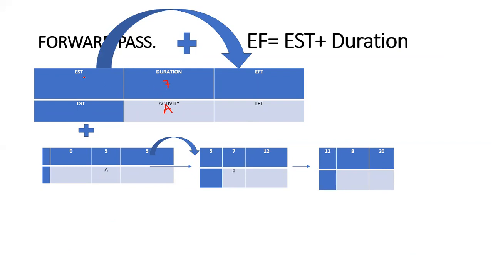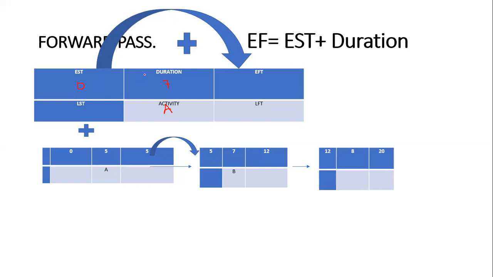The earliest start time is the earliest time an activity can start. This A is the first activity, so its earliest starting time is 0, because that's the starting activity.